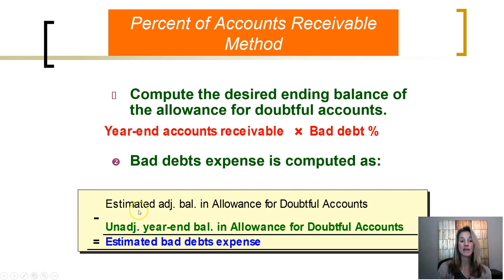Once we know that estimated balance needed in the allowance for doubtful accounts, we compare that to the current unadjusted balance in the allowance for doubtful accounts. The difference between the needed balance and the unadjusted current balance will be the amount of bad debt expense to record.